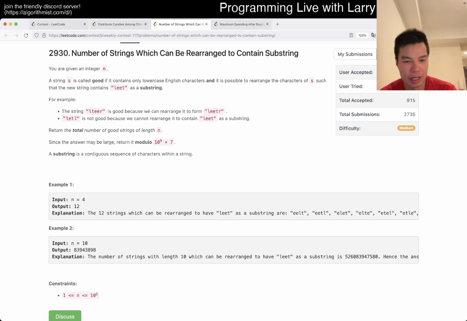So okay, 26 to the n, that's easy. And then now the number of words that contains. What is the opposite? The opposite is all the words that do not contain it. And I'm just struggling today.